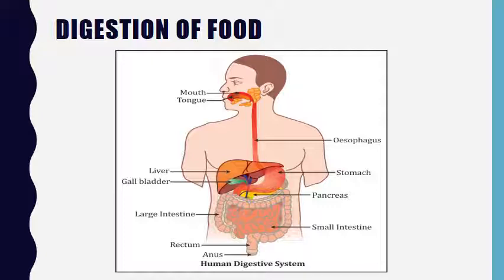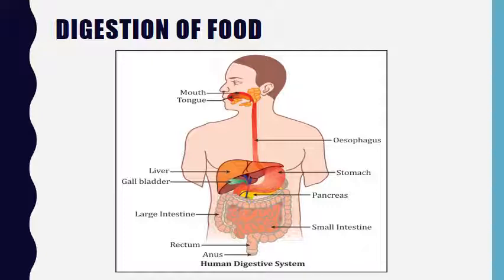So first, we all know we eat food. The question that first comes to our mind is, whenever we eat food, where does it go in our body, and what happens with this food inside our body? Whatever food we eat passes through many organs of our body.